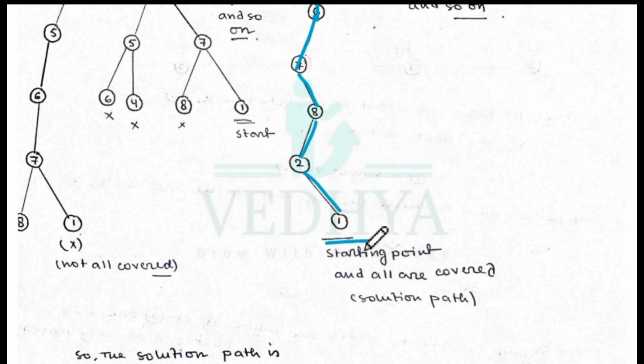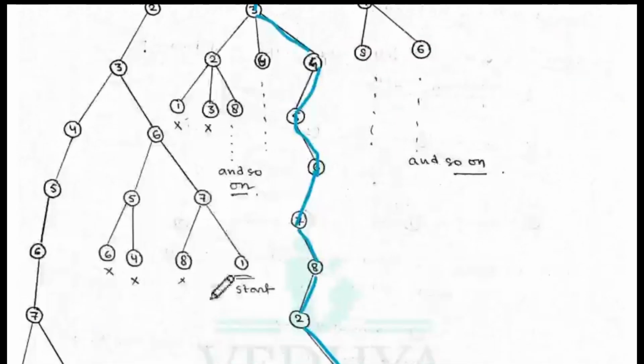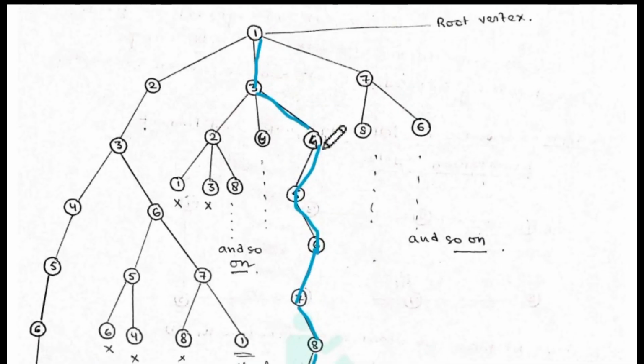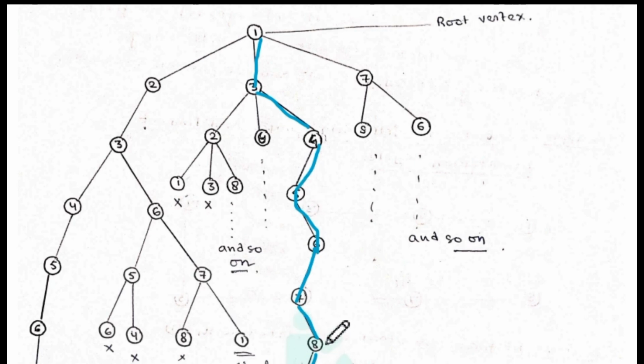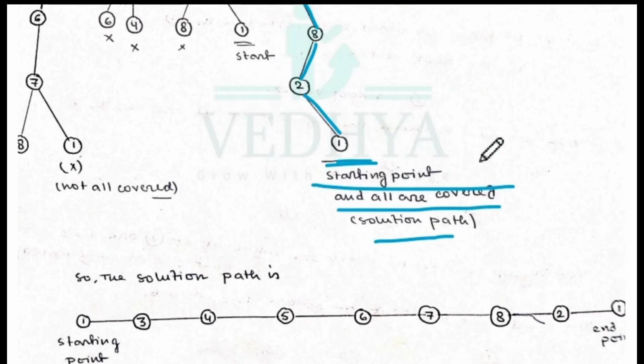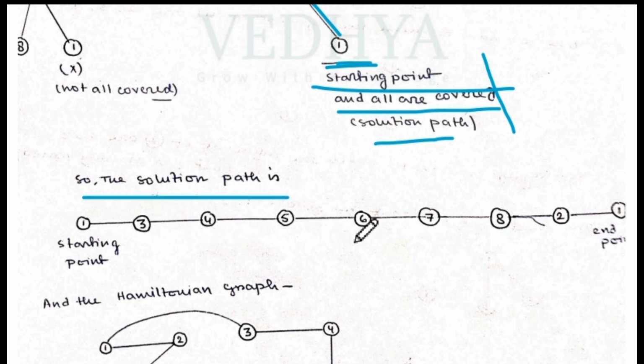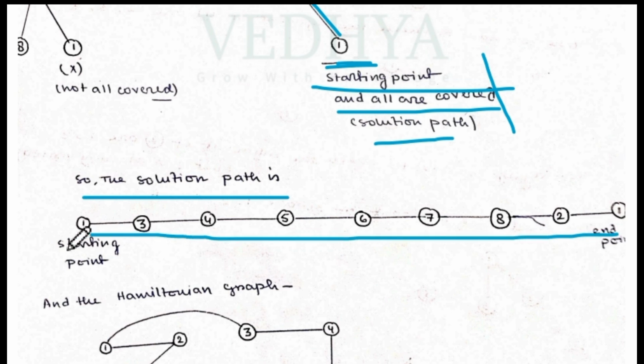Now we get 1 again, and 1 is the starting point also, and all the vertices are covered here. Look: 1 3 4 5 6 7 8 2 then 1, all the vertices are covered, so this is our solution path. The starting point is equal to the end point, so this is our solution path.